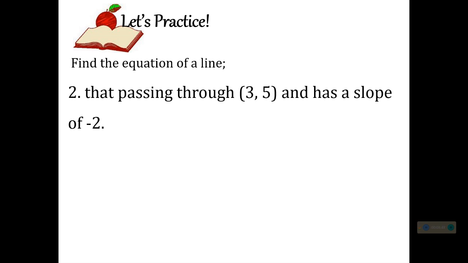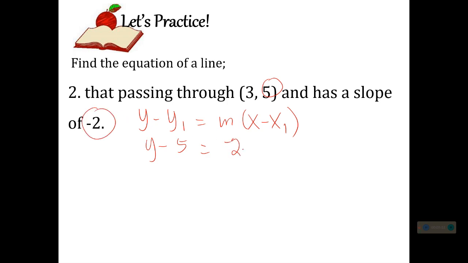So, let's have the second example. Find the equation of a line that passes through 3, 5 and has a slope of negative 2. So, again, we have to memorize the formula. y minus y sub 1 equals m times x minus x sub 1. So, y minus our y sub 1, which is 5, equals our slope, negative 2, times x minus our x sub 1, which is 3.